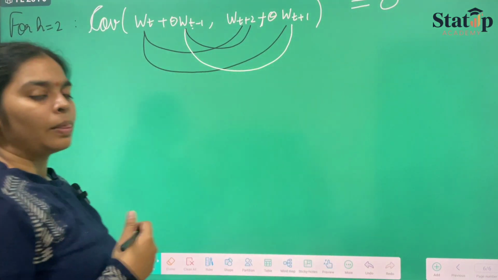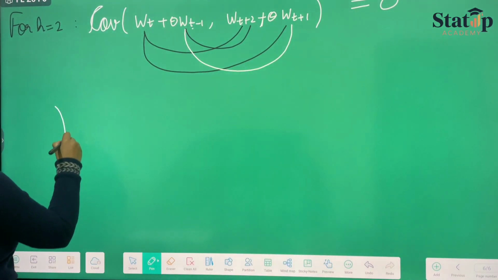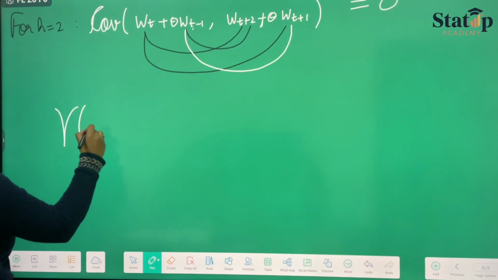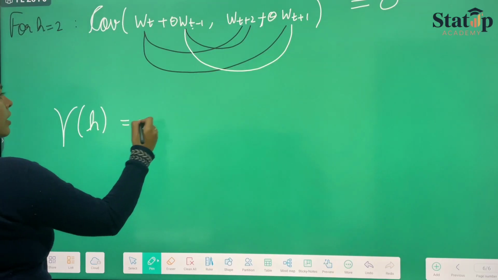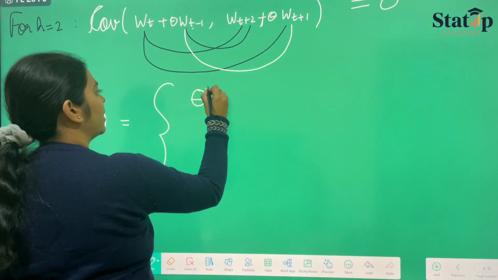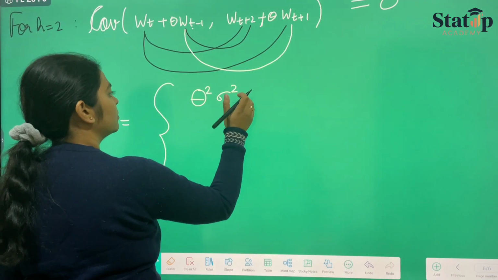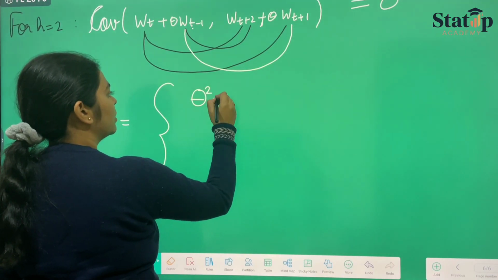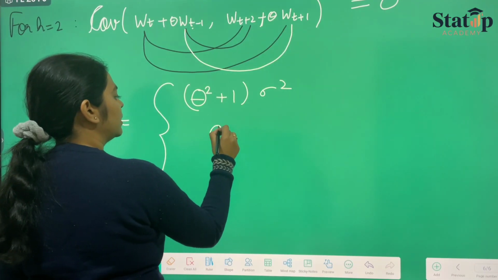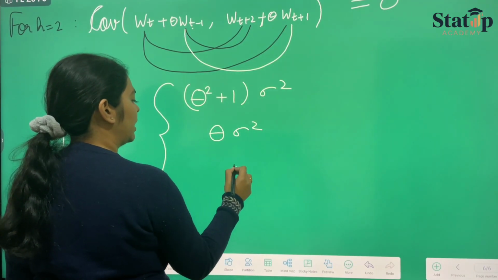So our autocovariance function, let us represent it like this. Gamma h with lag h value is given by theta square plus 1 into sigma square, theta into sigma square, and 0.